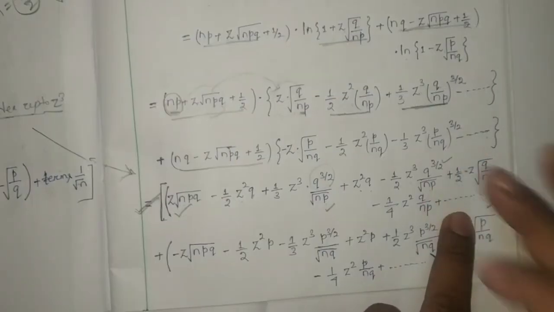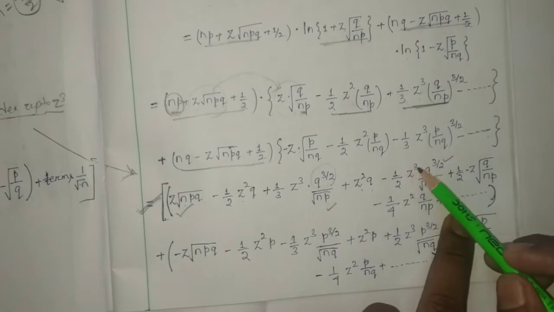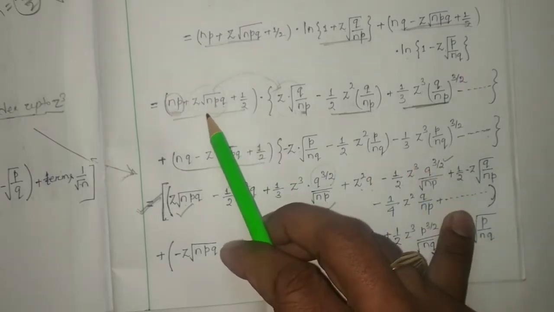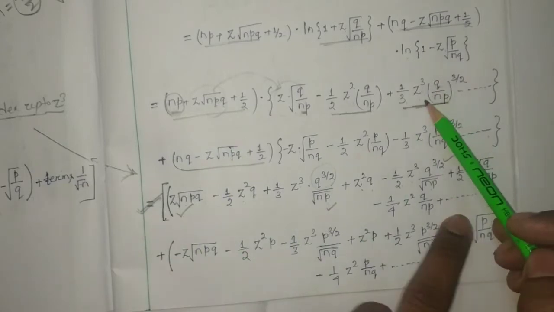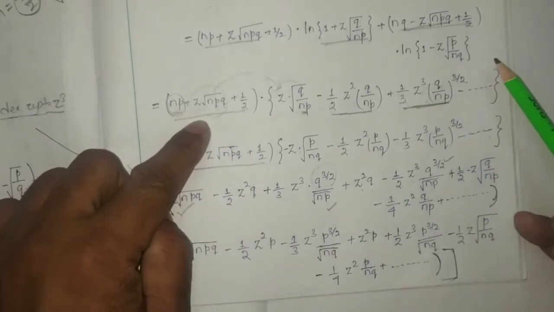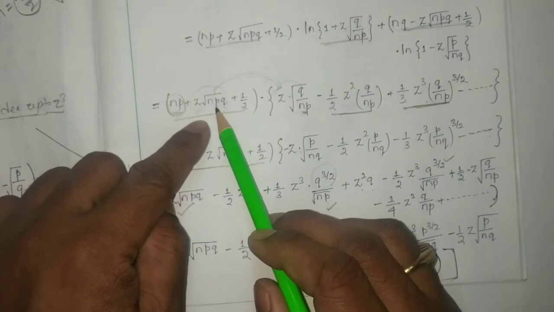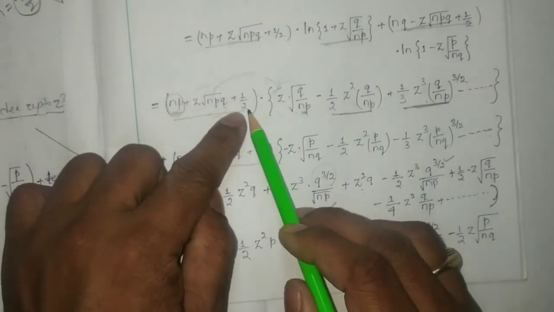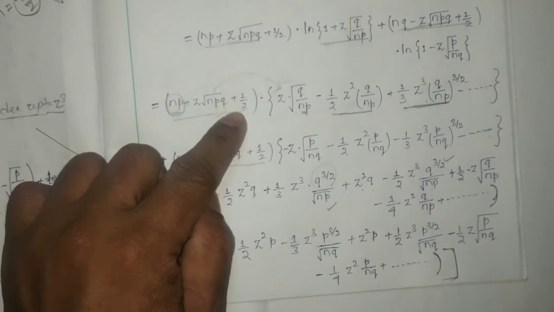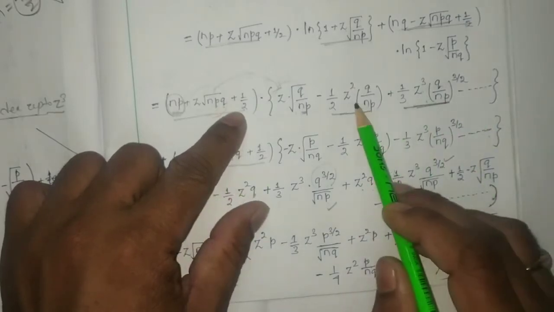Here we are considering up to z to the power 3. If I multiply this term with this one, it will be z to the power 4. So I am not bothering to multiply this with this one, I have to multiply 1 by 2 with this term.